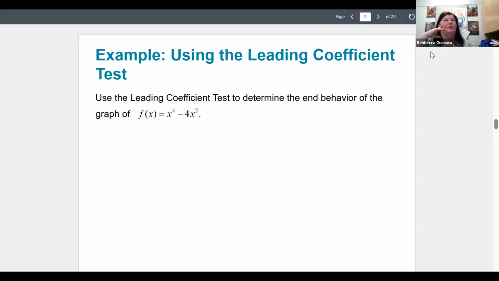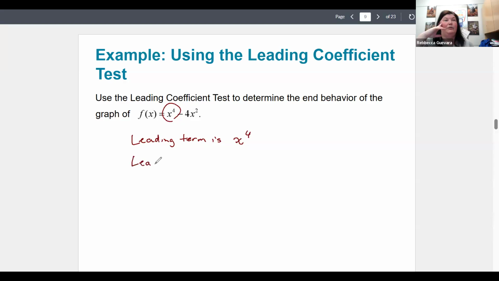So we're going to use the leading coefficient test to determine the end behavior of f(x) = 4x squared + 4x to the fourth - 4x squared. The leading term is the one with the highest power, so it's going to be this x to the fourth.